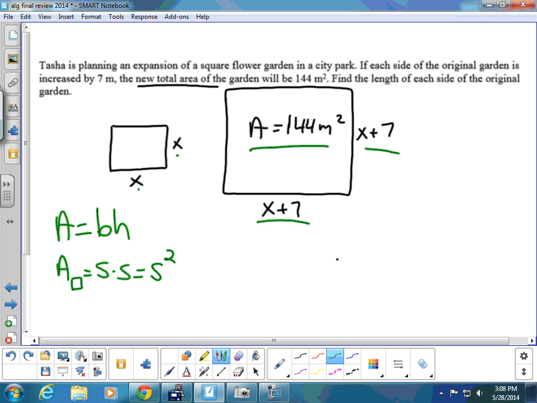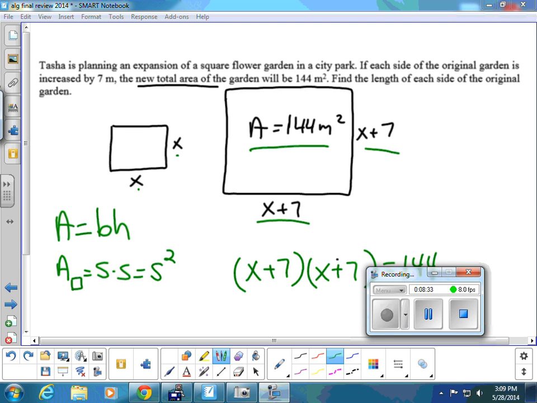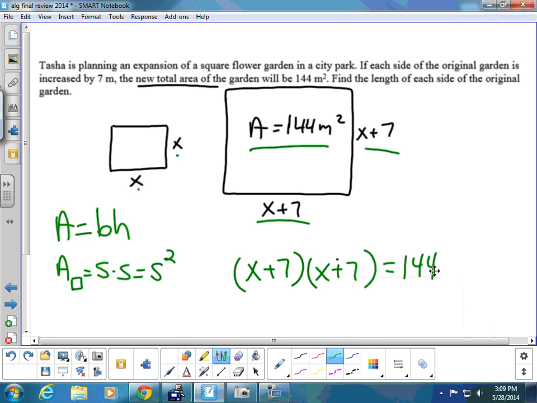So if we do x plus 7 times x plus 7 equals 144. Again, what we know over here is side times side equals area. So we have to solve this.